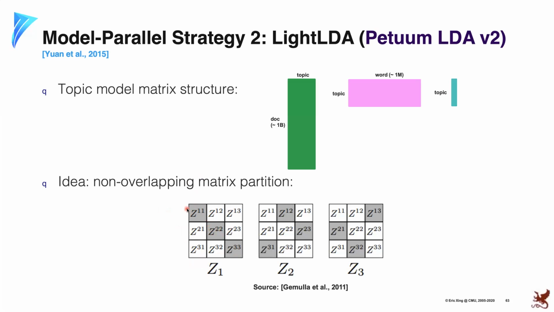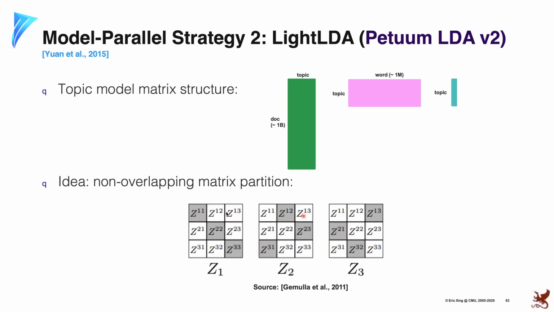So we can safely assign them to different workers and then integrate them. In the first iteration, we just update these 3 entries. In the second iteration, we select another 3 entries that do not overlap each other. And in the third iteration, we select the remaining 3.